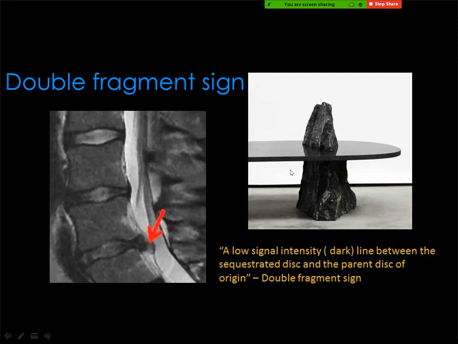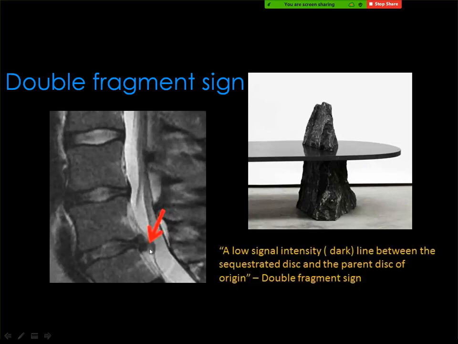I looked in the literature for the meaning of the double fragment sign, and I found this image, which can correlate with what you see here. You see the disk, and you see another part where there is some separator or line in between, and this is known as the double fragment sign, which is diagnostic of sequestration.